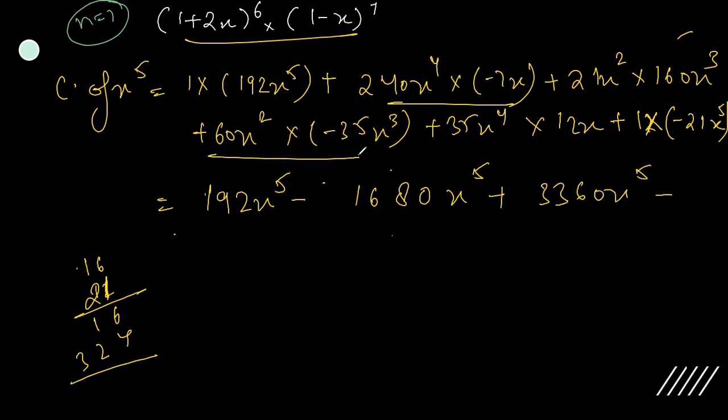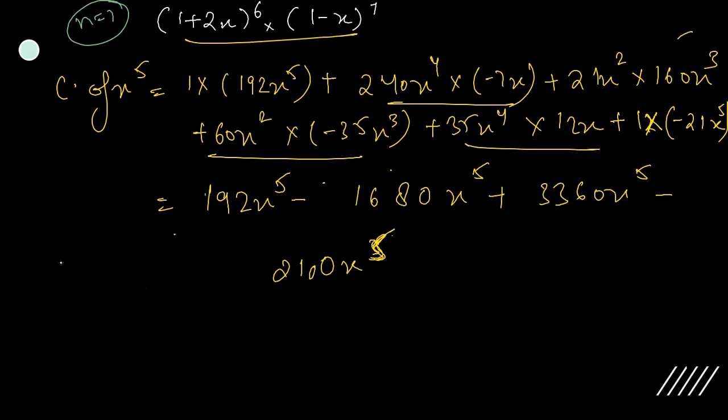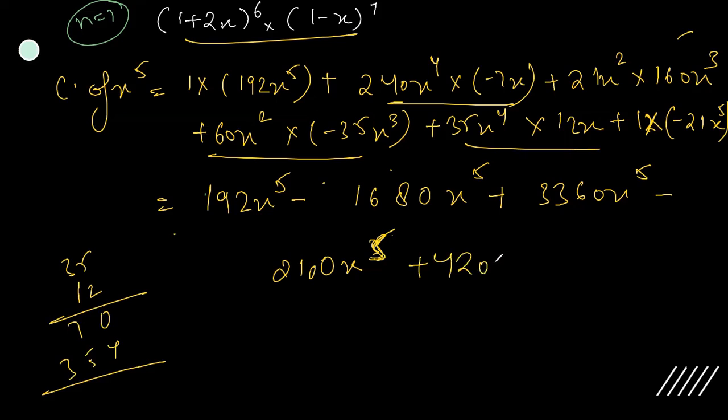Then minus, multiplied with this, so 35 times 12, which will be 420 x raised to the power 5, right? Let me check. Yeah. Then last is 21 x raised to the power 5.